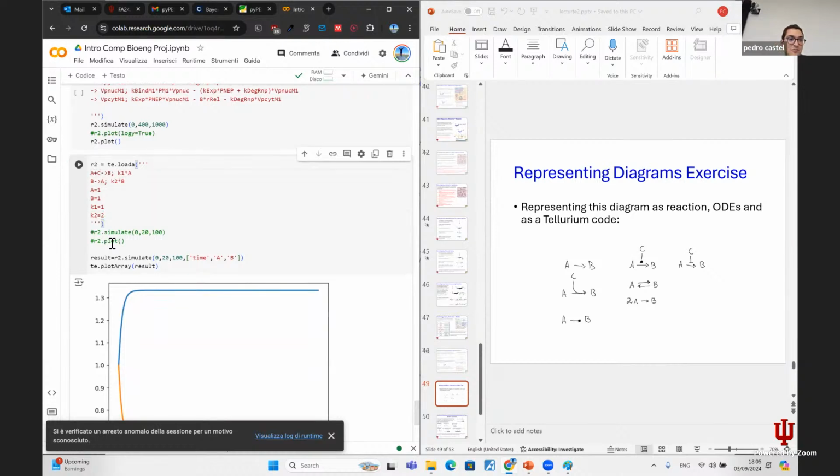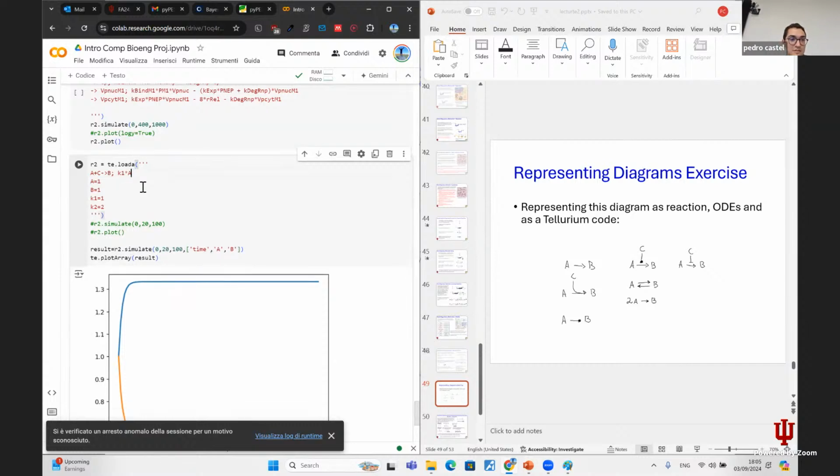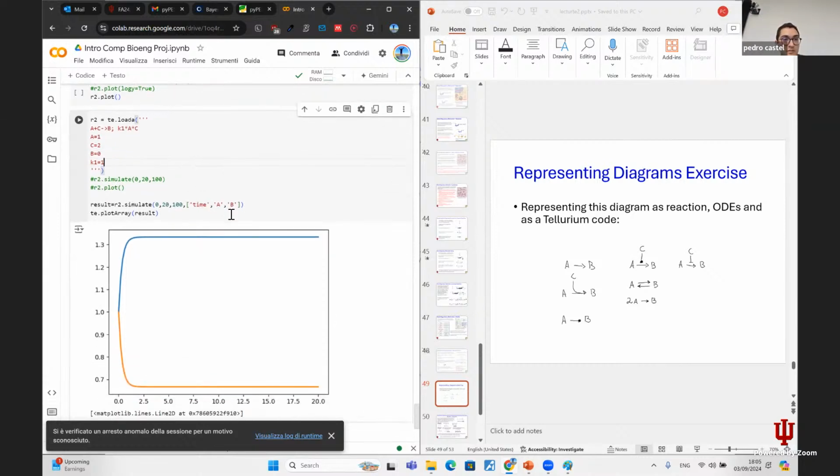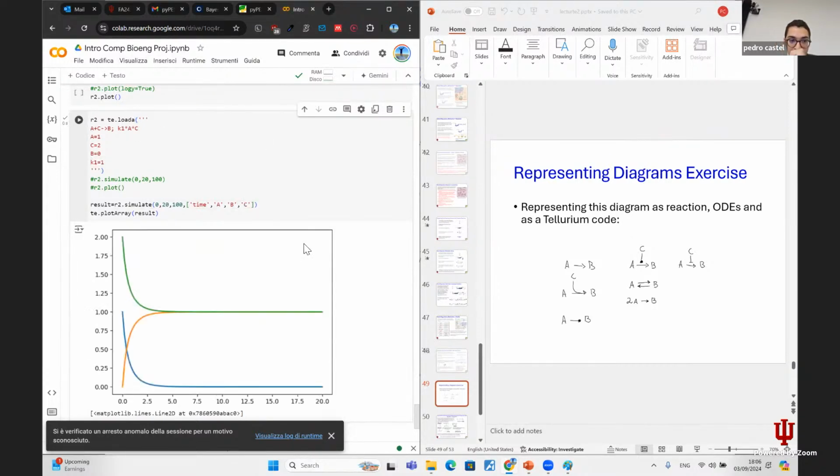So A plus C goes to B, and the rate is K1 times A times C. Let's say A starts at 1, C starts at 2, B starts at 0. I don't have K2 here, and then I want to see all 3. Yeah, this is more like it.